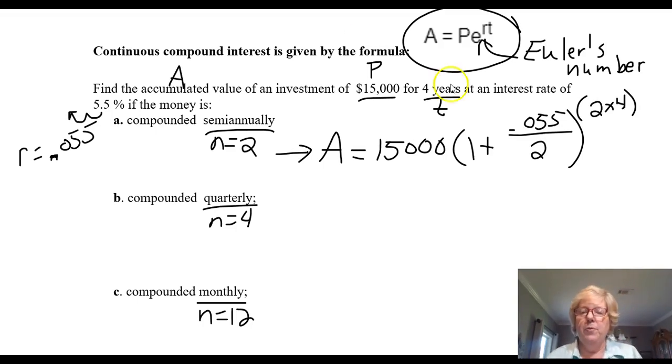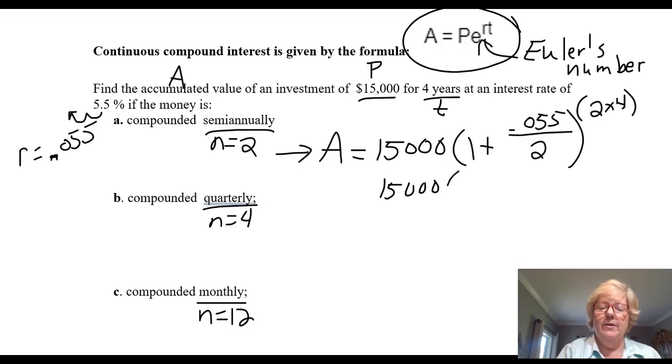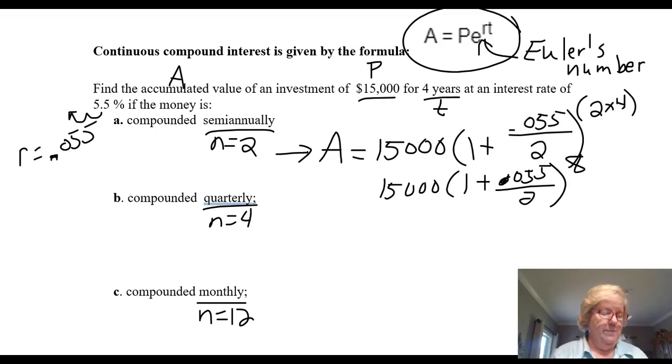Now I put that in parentheses up here. What some people would do is just go ahead and call that 8. So you could type it in your calculator as 15,000 times 1 plus 0.055 over 2 raised to the 8th exponent.